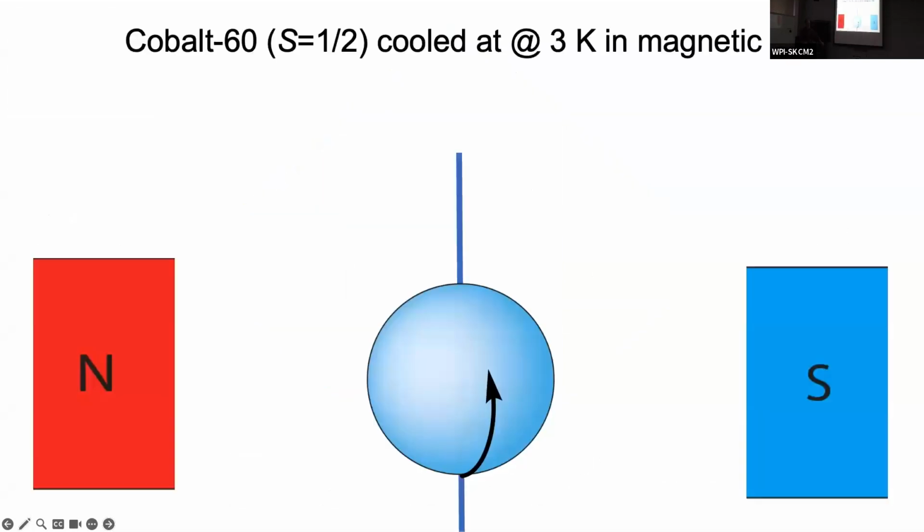So this is the experiment that Wu did. She took cobalt-60, which is a radioactive isotope of cobalt that has spin 1/2, and she cooled it to near absolute zero in a strong magnetic field, so all the angular momenta were aligned. And so she created a situation that was perfectly mirror symmetric.